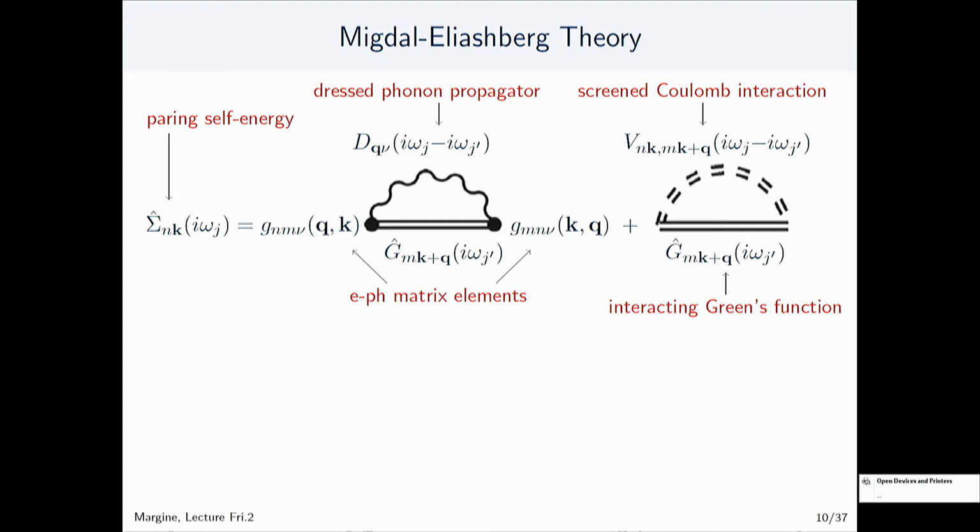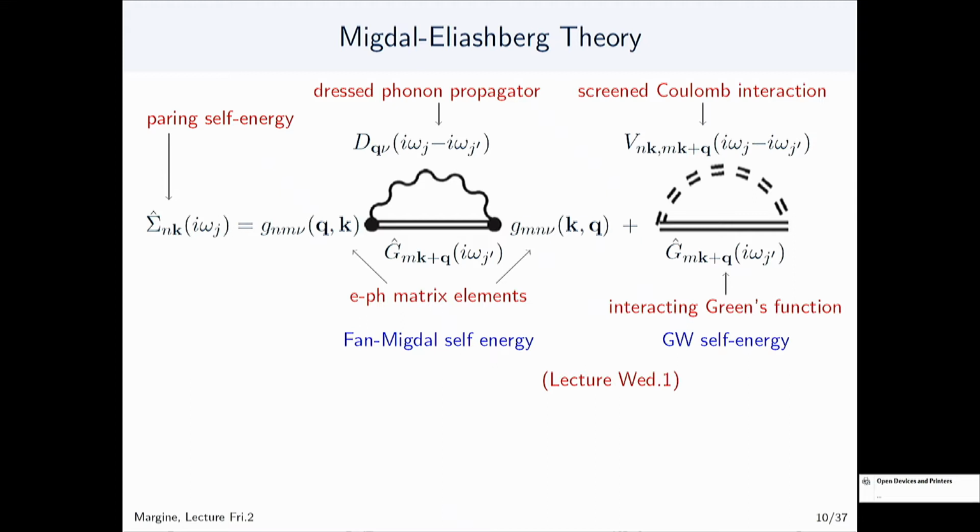So this formula for the pairing self-energy, which is the central part where we start with in the Migdal-Eliashberg theory, should already be familiar, since it has been shown in Feliciano's lecture on Wednesday.